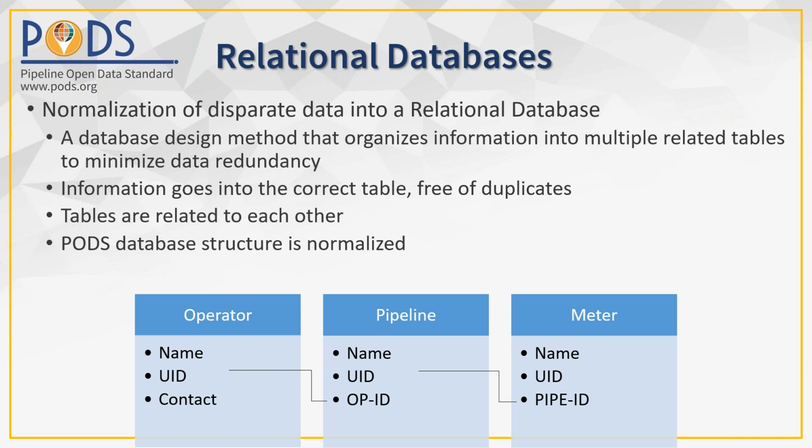You don't want to keep repeating the same information. You want to do this in a thoughtful way: operators in an operator table, pipelines in a pipeline table, meters in a meter table, and use the relationships or connections established between those tables to glean more information about that data, that asset.